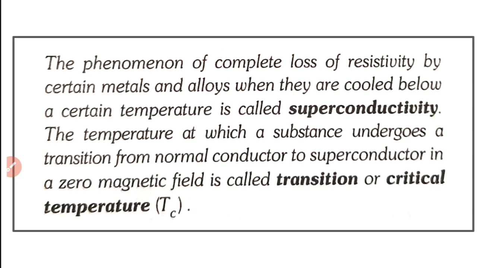The temperature at which a normal conductor becomes a superconductor in a zero magnetic field is called the transition or critical temperature.